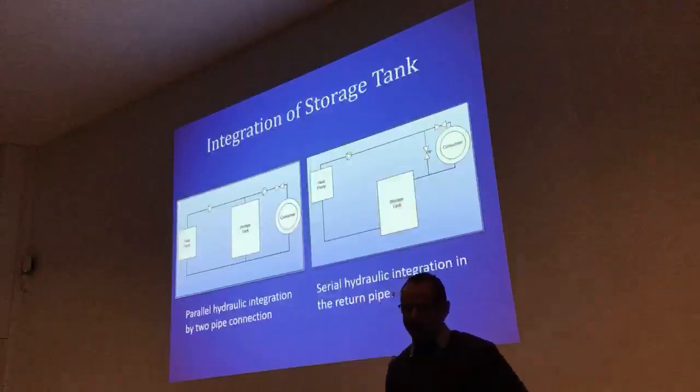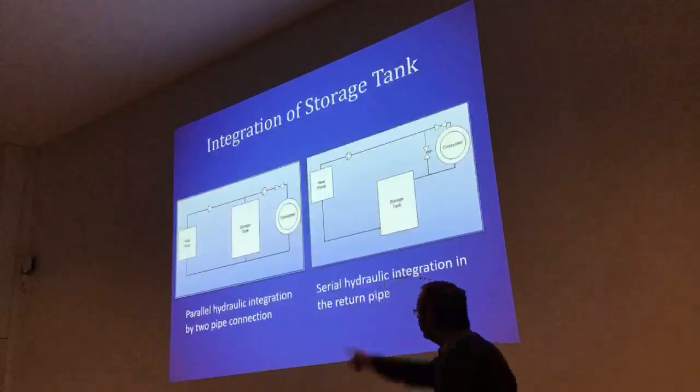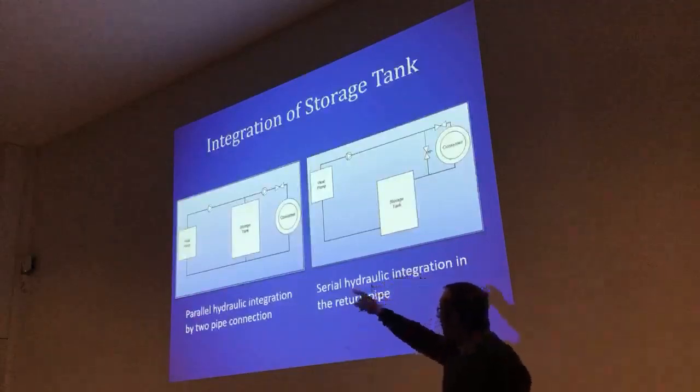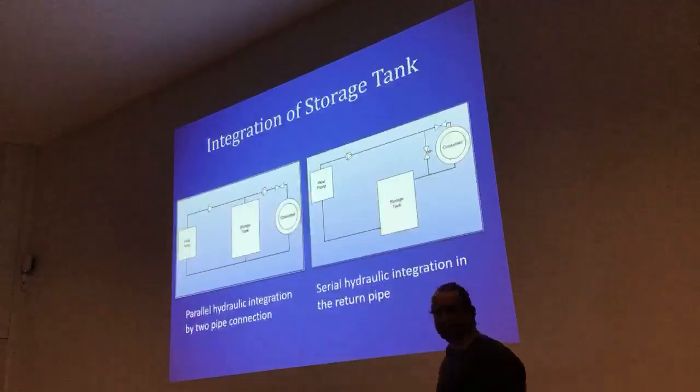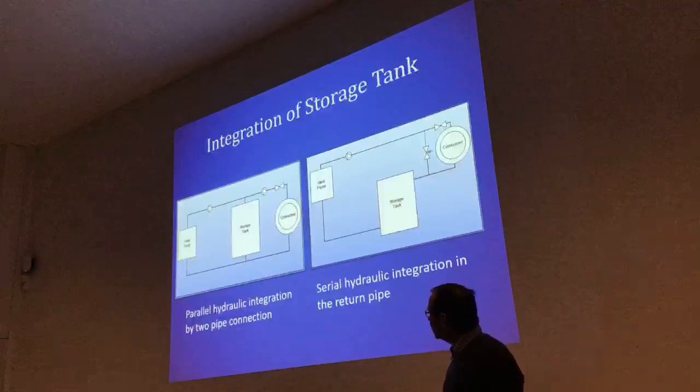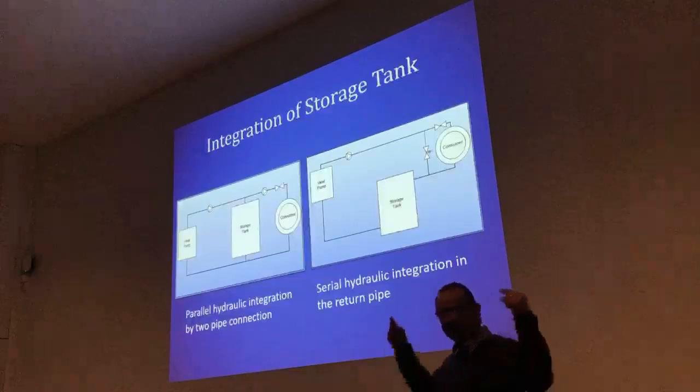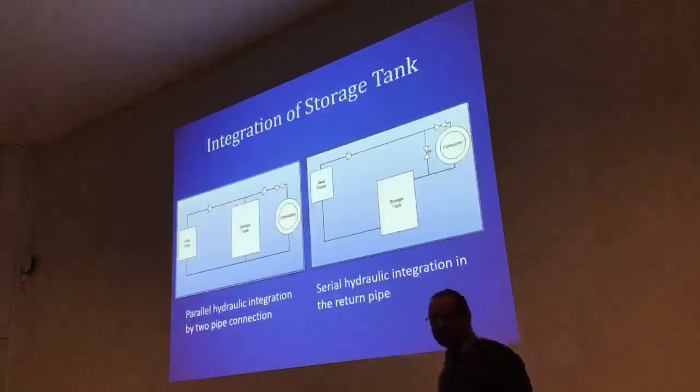The first is a parallel hydraulic integration, shown at the left-hand side. Here the storage tank is parallel to the heat pump and the consumer. In that way it is connected by the so-called 2-pipe connections. We also have the 4-pipe connections, where we have 2 inlets and 2 outlets.